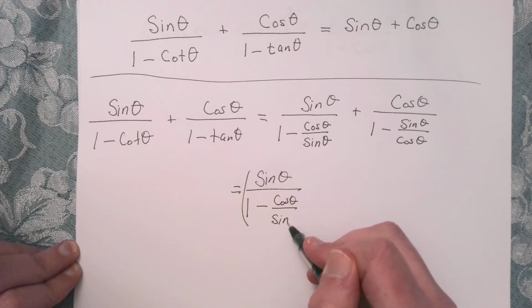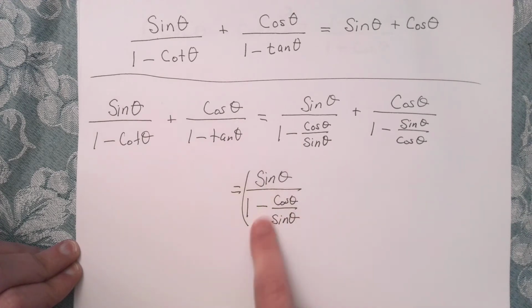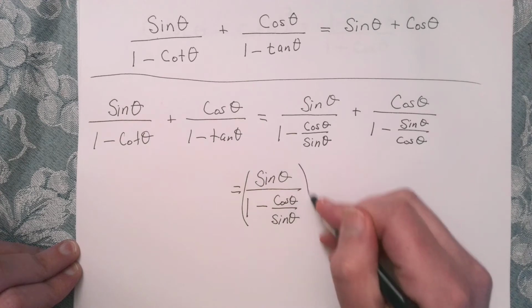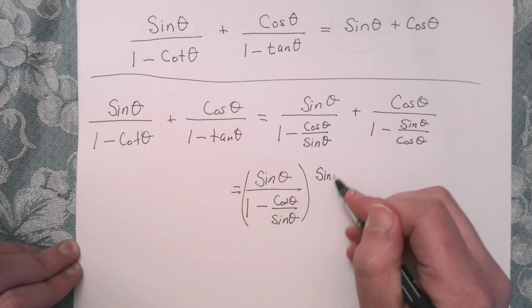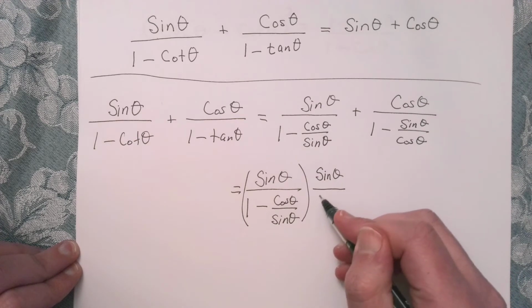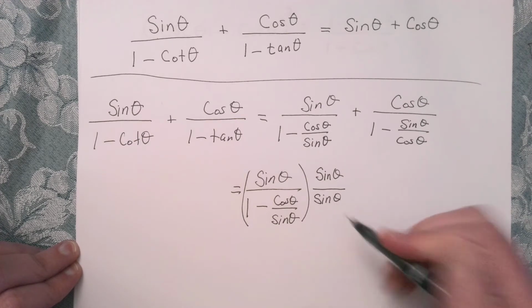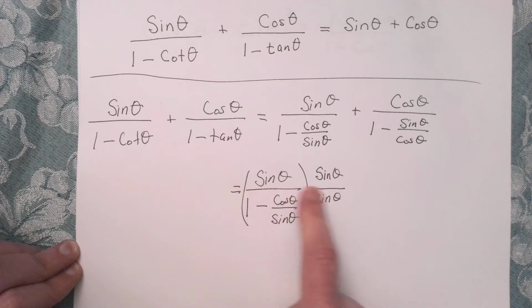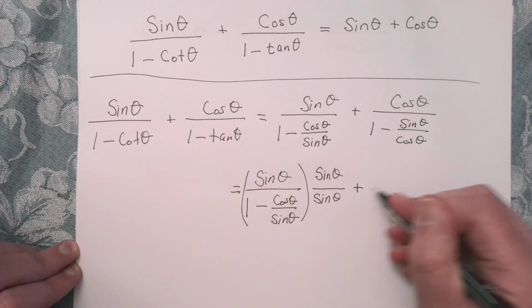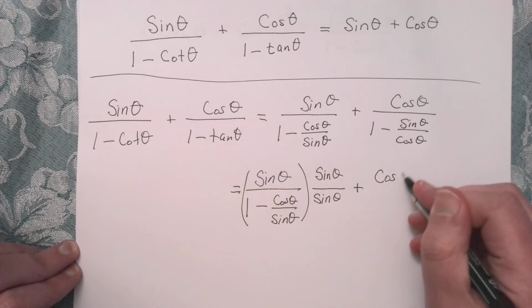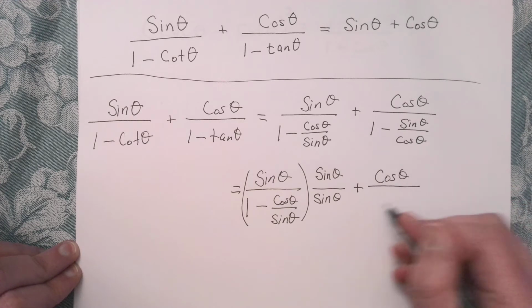Again, what's motivating this is, again, I'm not thrilled about this sine of theta there. So yeah, let's multiply the top and the bottom by sine of theta over sine of theta. And so you can imagine as you distribute, those would cancel there, and that's going to be nice. That gets rid of my complex fraction, right? My fraction within a fraction.